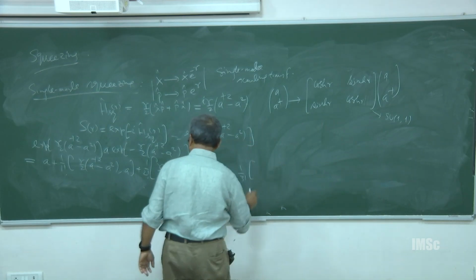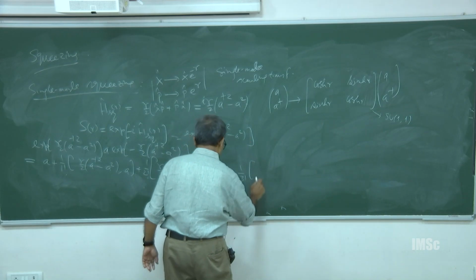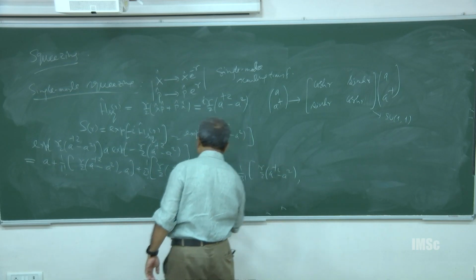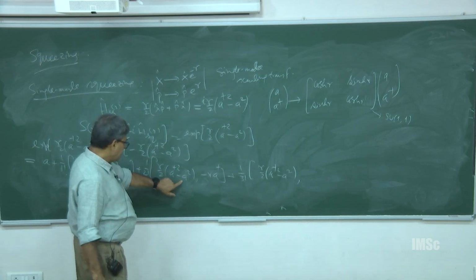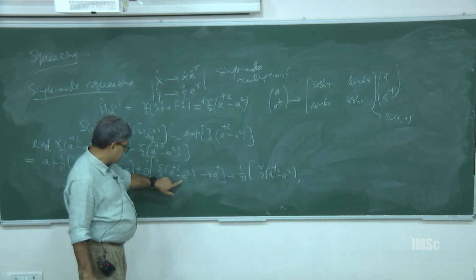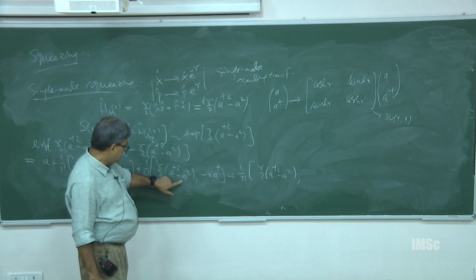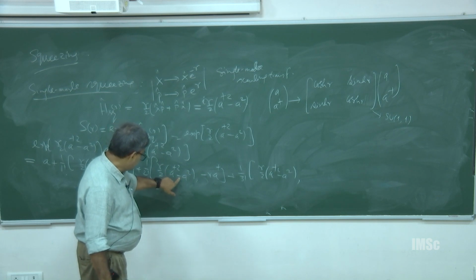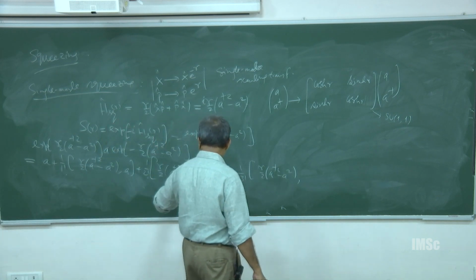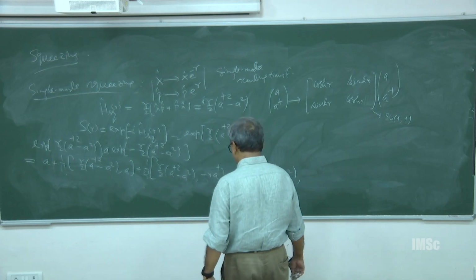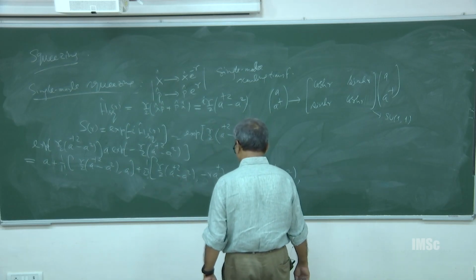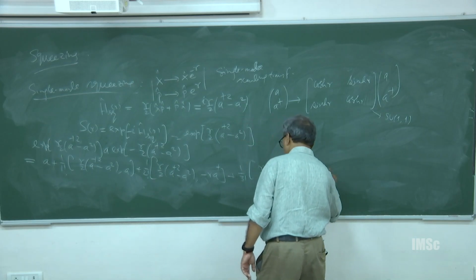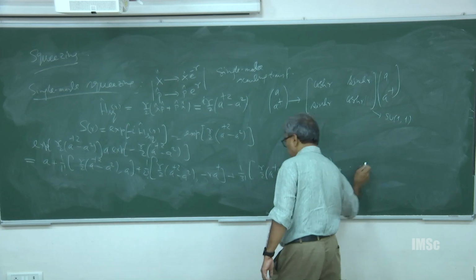So, this one is r by 2 (a dagger square minus a square). Now, what about this? This is plus. Minus 2a. No, this is minus minus, so plus. So this is basically r a, right? So on.